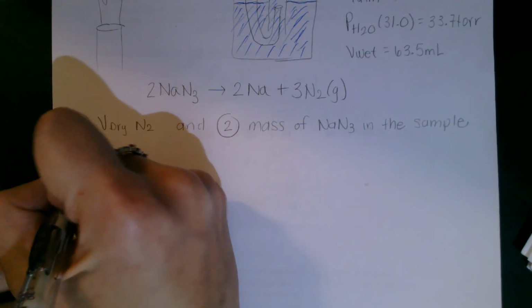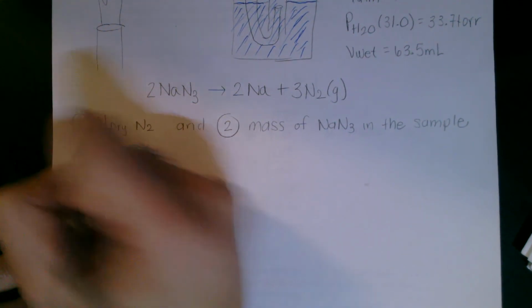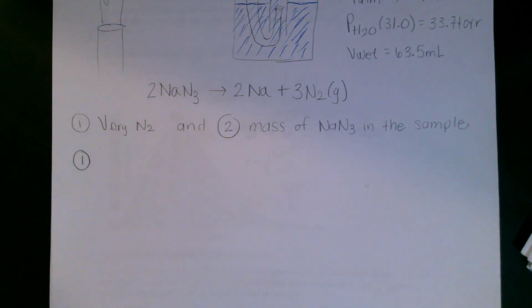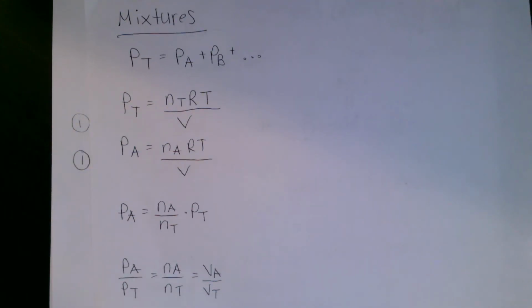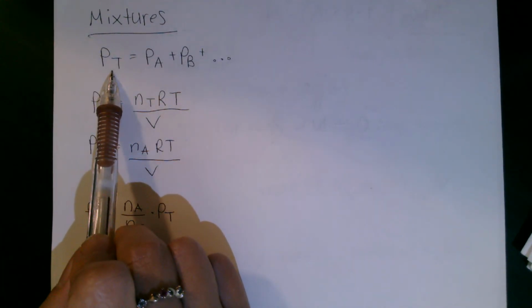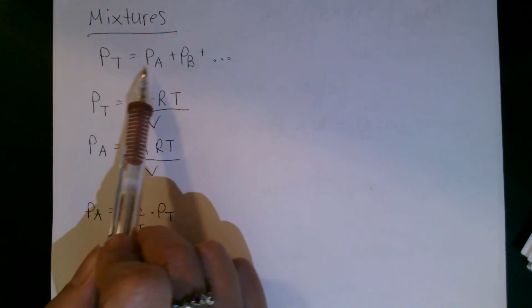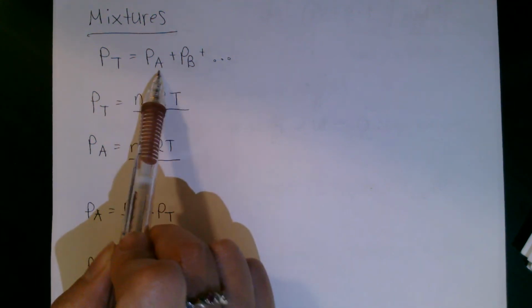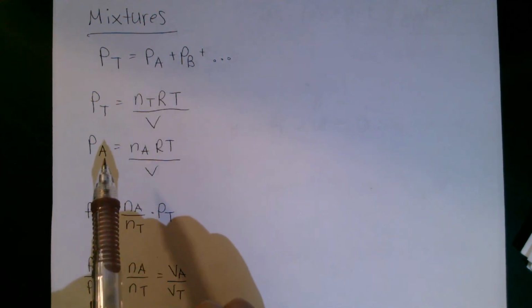So we want to know the volume of dry N2. So we're going to use some relationships between gas mixtures. Here's a list of formulas we talked about for gas mixtures. We have Dalton's law, where the total pressure in a gas is equal to the sum of the partial pressures of the components.